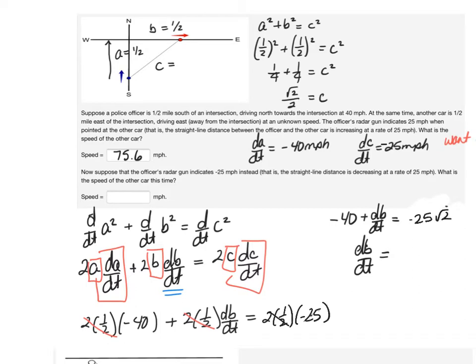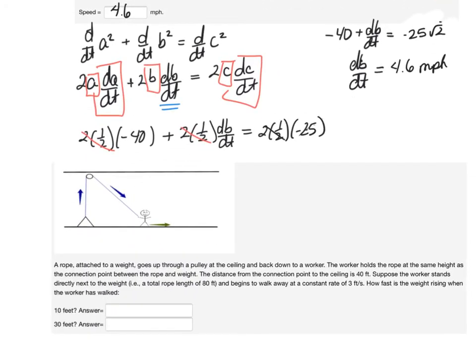So when I put this in my calculator, what I'm going to get is 4.6 miles per hour, with some decimals trailing, so 4.6 miles per hour. So there's that example.